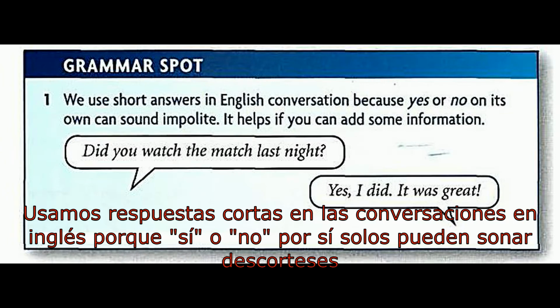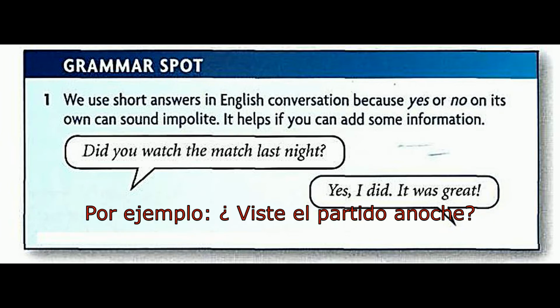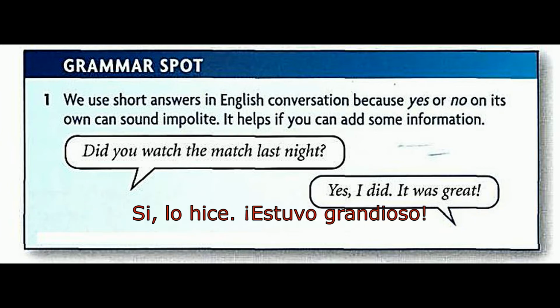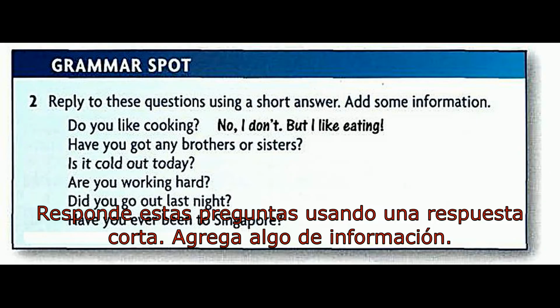We use short answers in English conversation because yes or no on its own can sound impolite. It helps if you can add some information. For example, did you watch the match last night? Yes, I did. It was great. Reply these questions using a short answer.